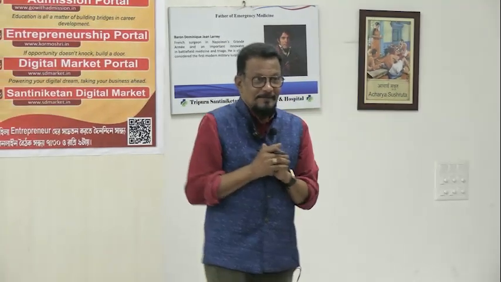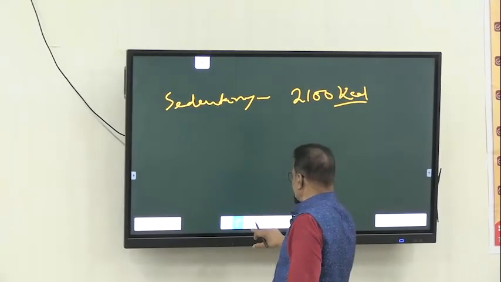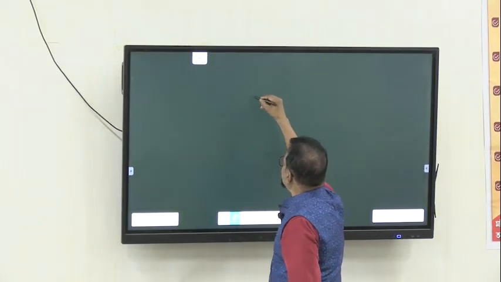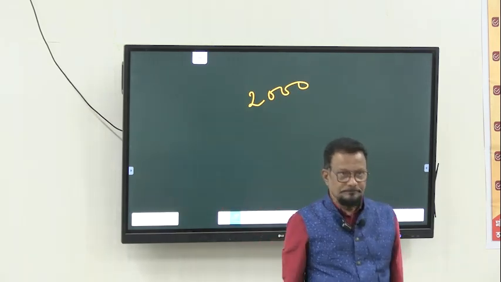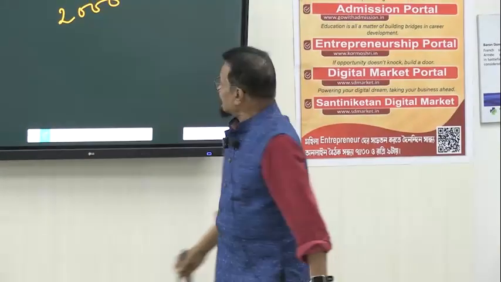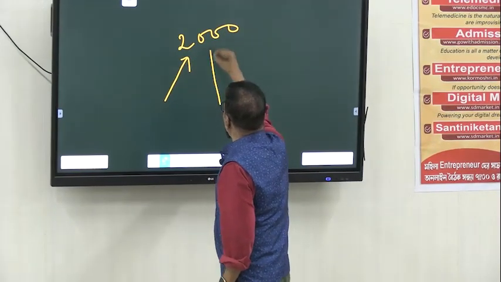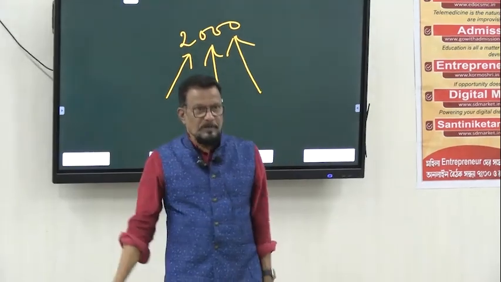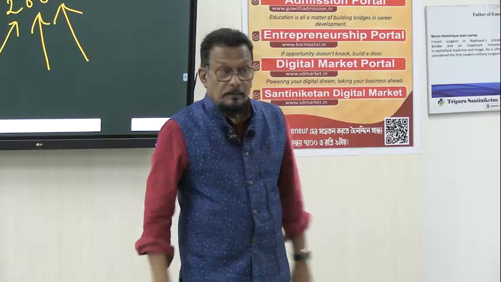Now I'll tell about your recommendation. Suppose for easy calculation it is 2000 kilocalorie. And this energy, this calorie will be contributed by three major nutrients, macronutrients. What are these?